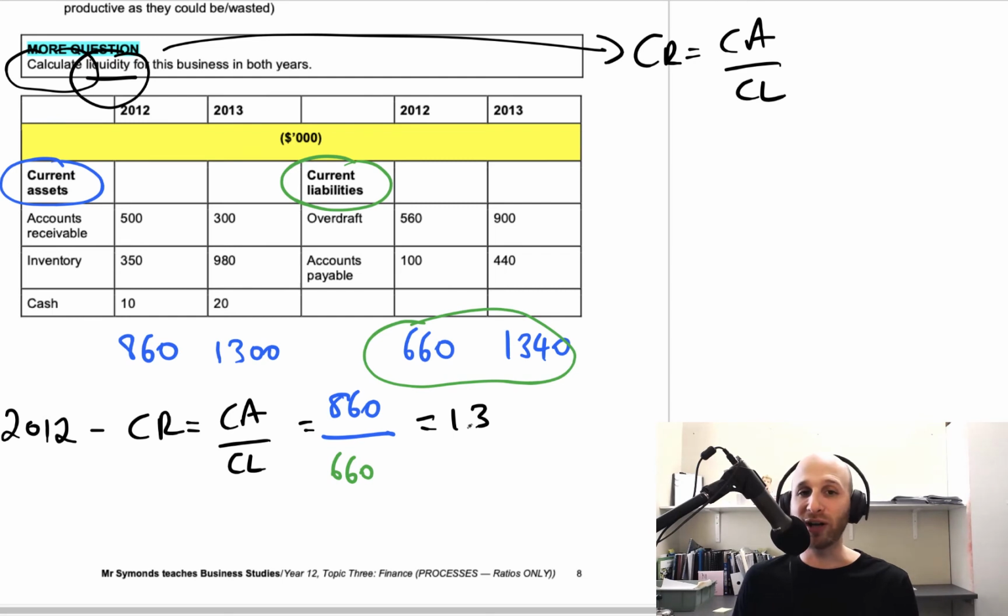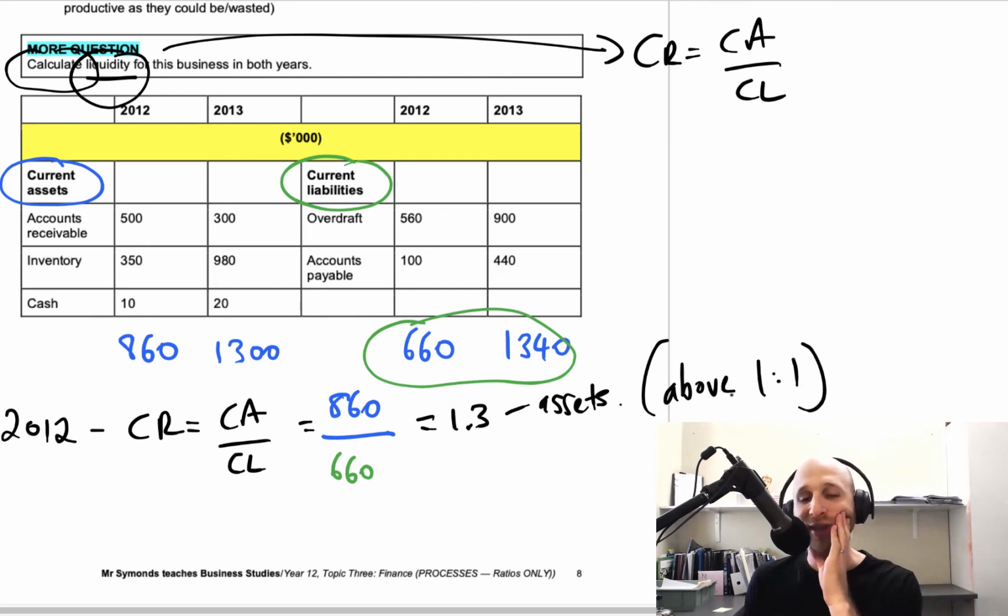That's above 1, so that's okay. For every dollar of liabilities, we have $1.3 of assets. We are above that 1-to-1 ratio. It would be nice to get to 2-to-1, but that's okay enough for this example.